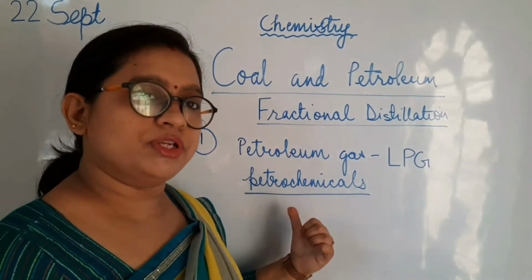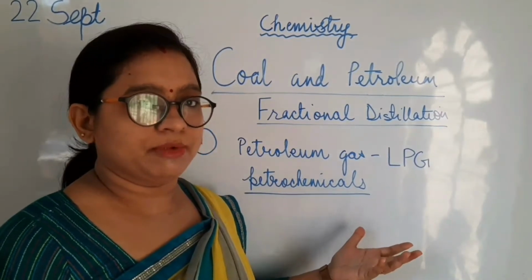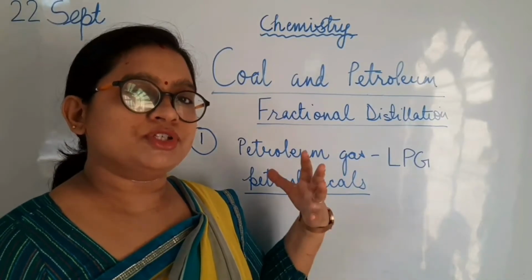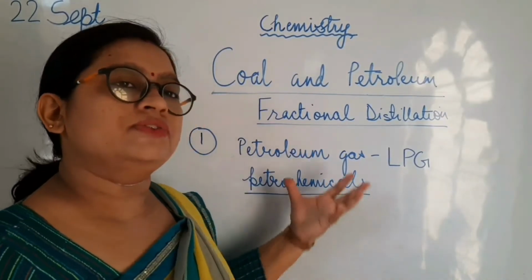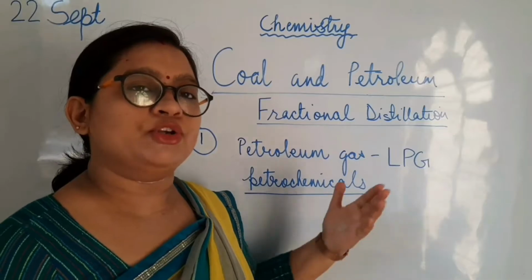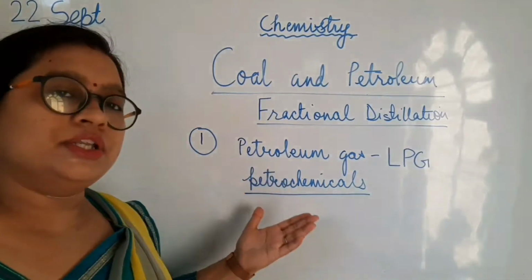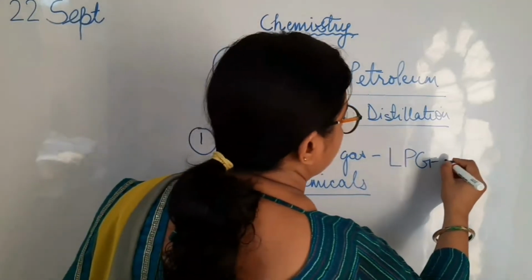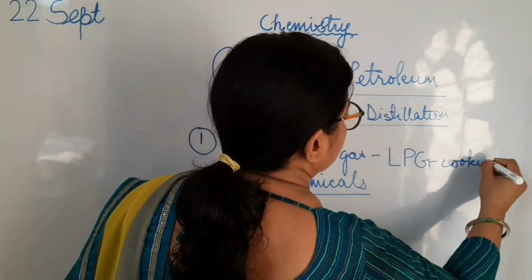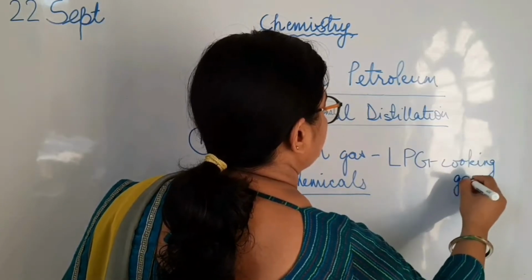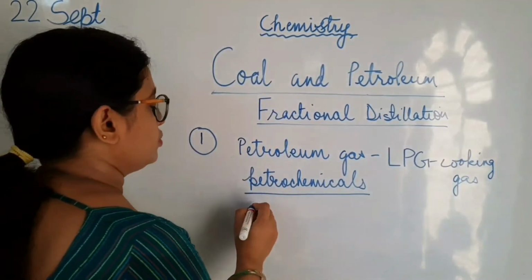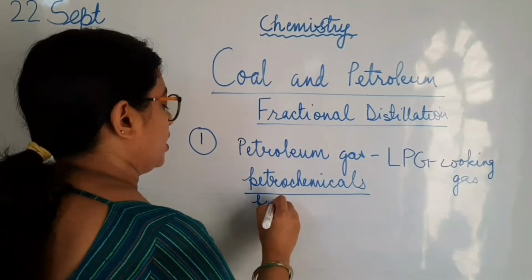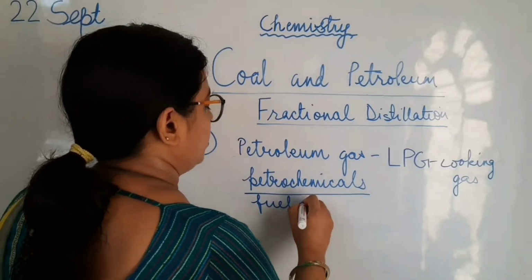Petro means related to petroleum, and chemicals are the normal chemicals. So organic compounds which are formed from these different products are called petrochemicals. Now what is another use of petroleum gas? Apart from being used as cooking gas and in petrochemicals, it is also used as a fuel in vehicles.